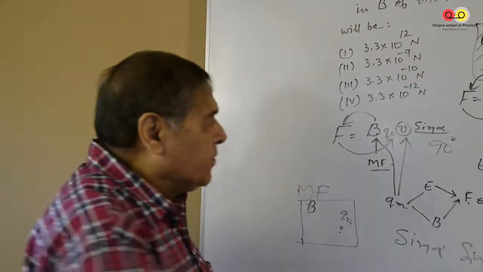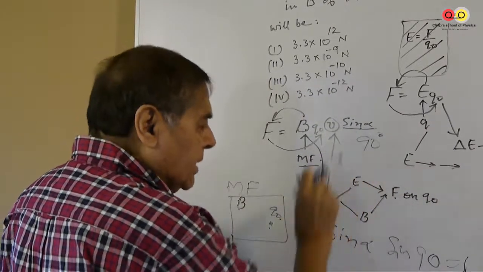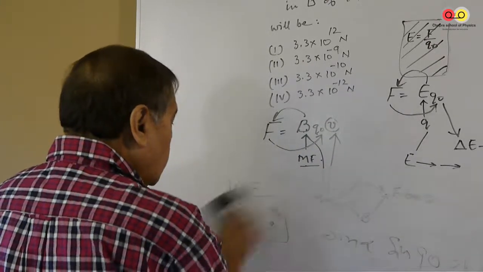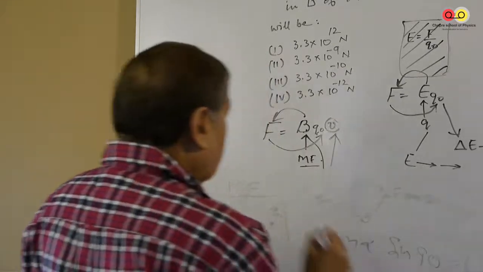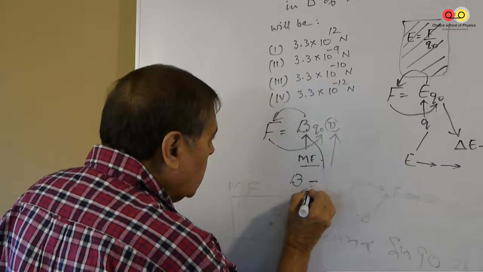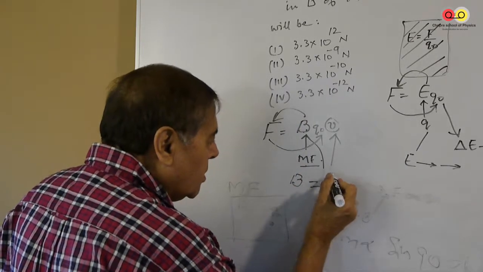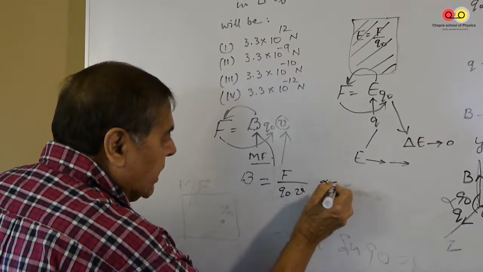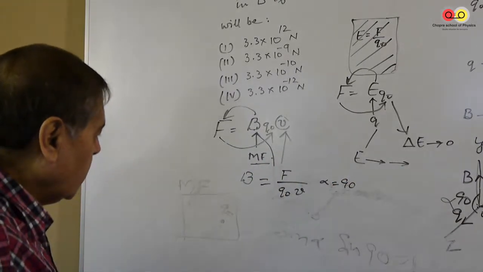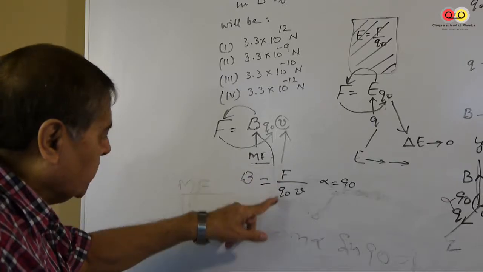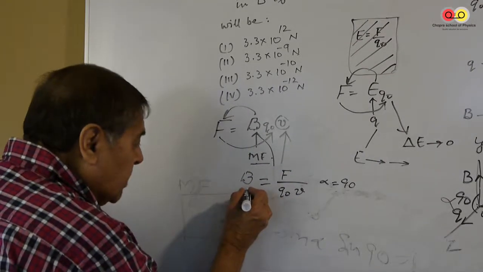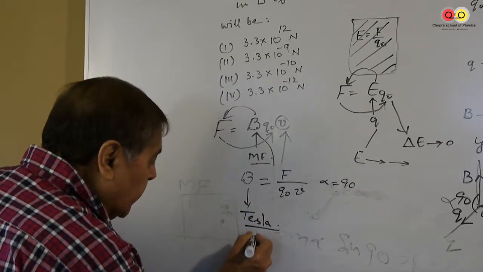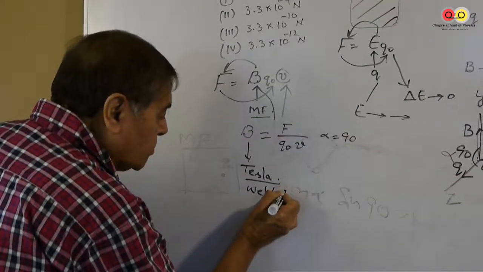And if sine alpha is sine 90, then we can write like this: B is equal to F over Q naught V. That is, magnetic field is force over Q naught into V. Magnetic field must be taken in Tesla or Weber per meter square.